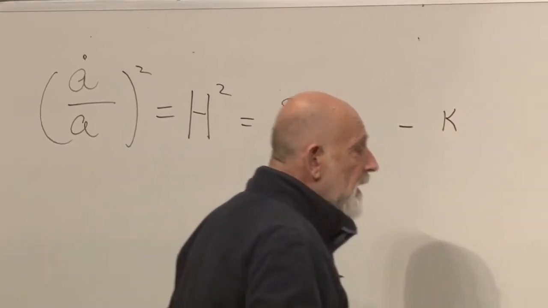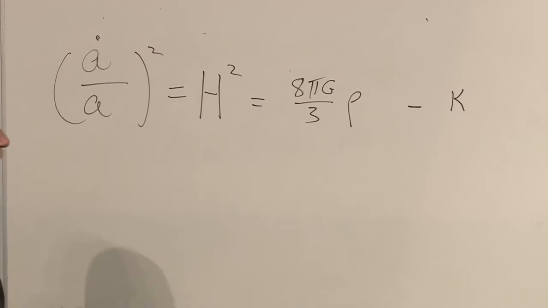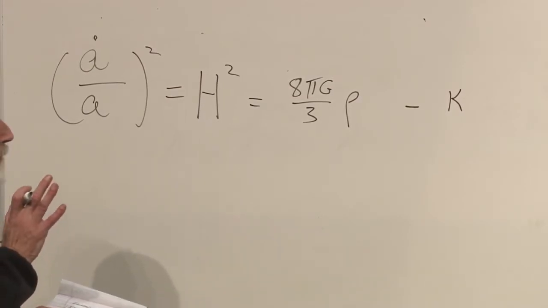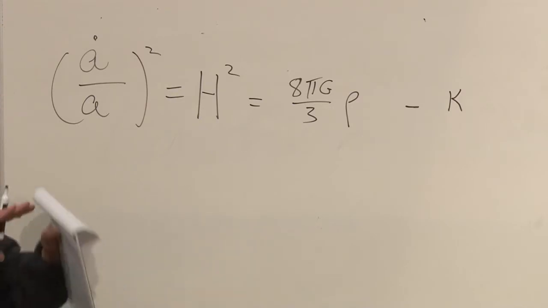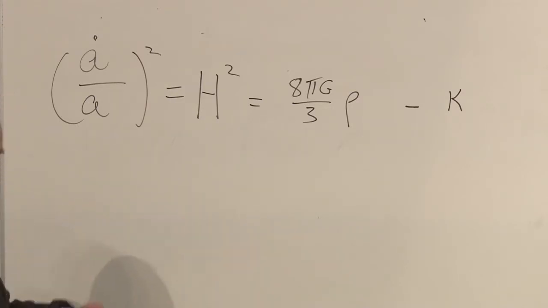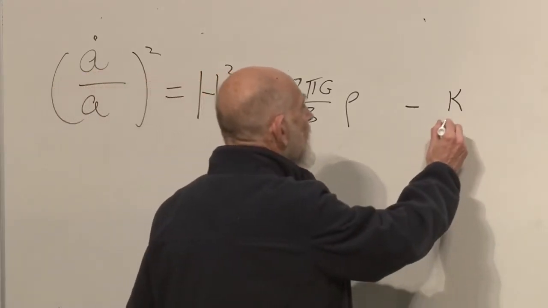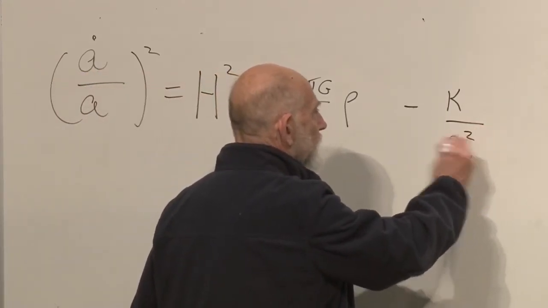K is either plus or minus 1 or 0. It's never anything but plus or minus 1 or 0. Positive for a spherical geometry, negative for the hyperbolic geometry, and 0 for the flat geometry, divided by A squared.